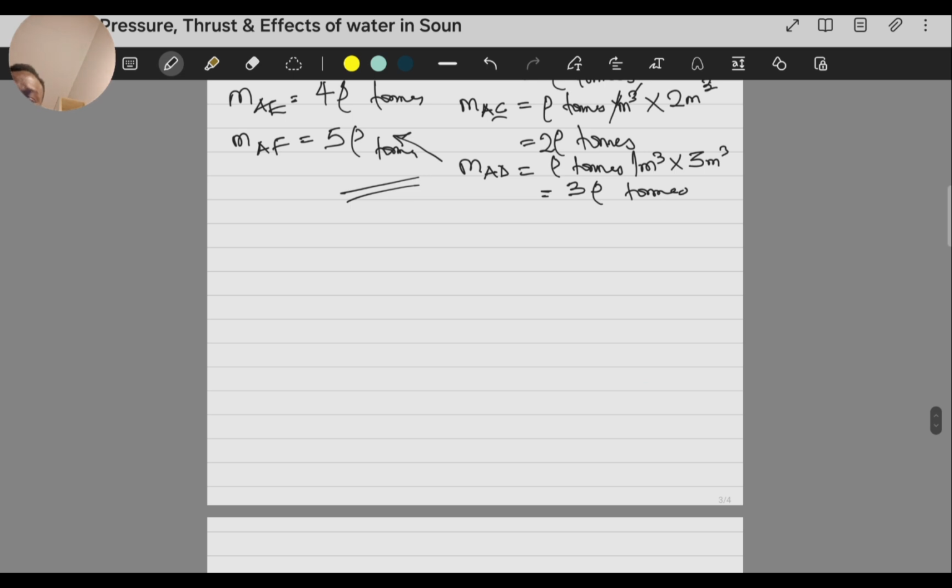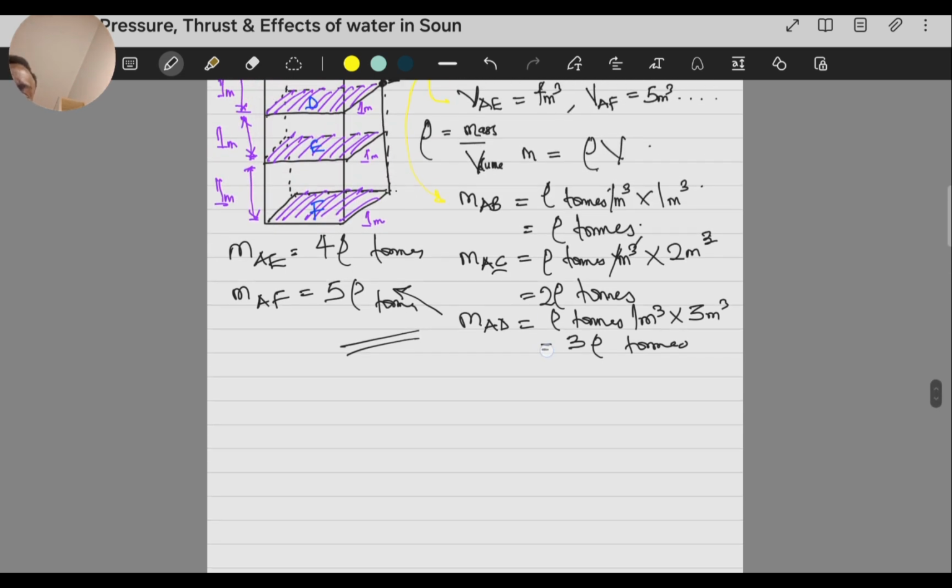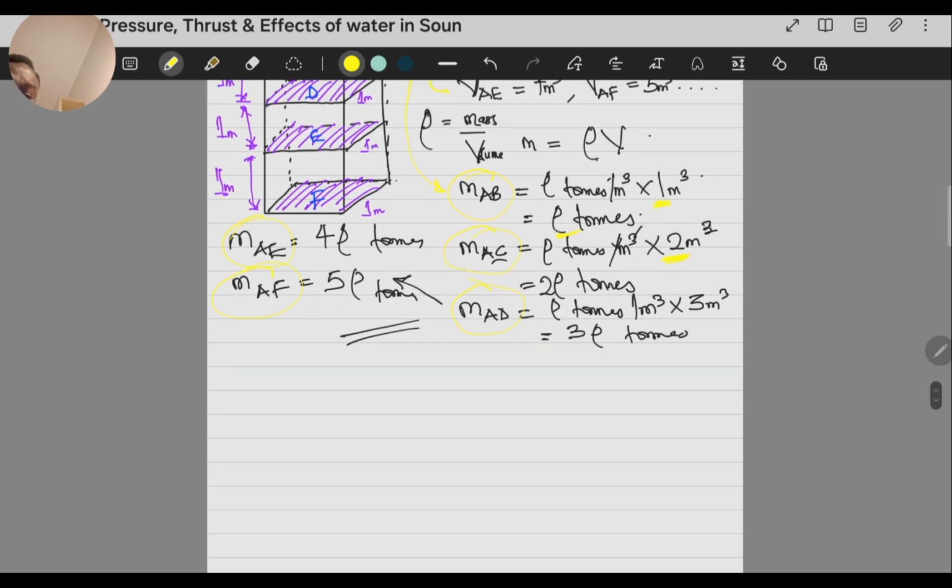So what this means is that, if you look at each of them, the weight of the column above the reference point is increasing as the volume of the column above it is increasing.